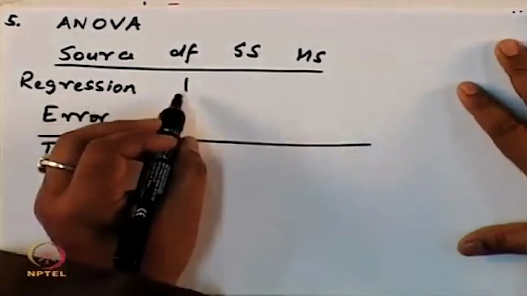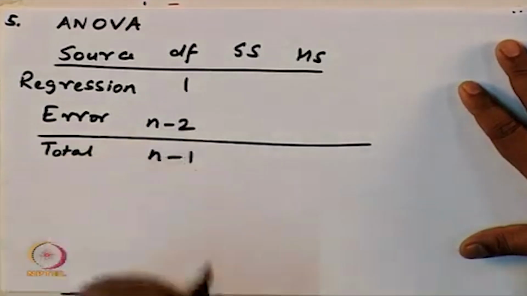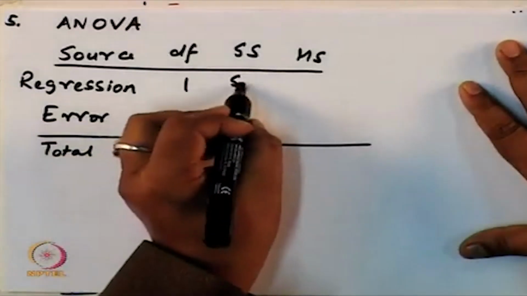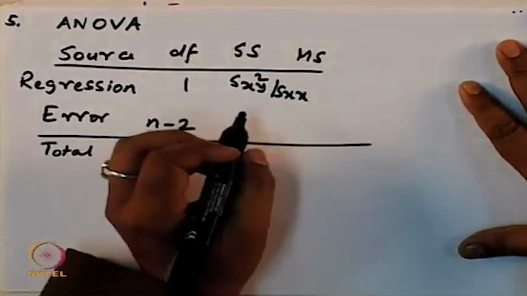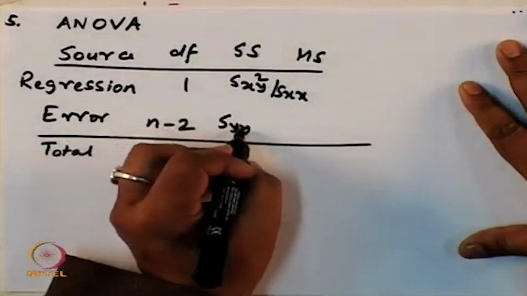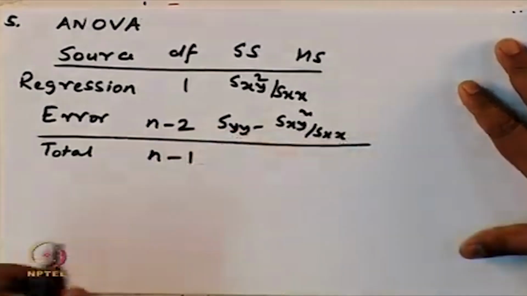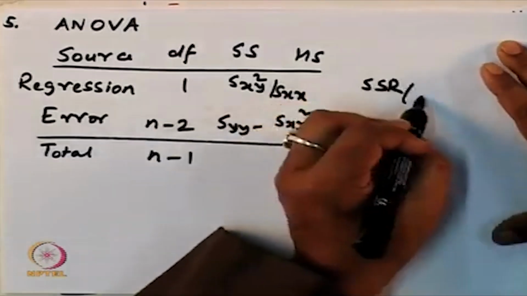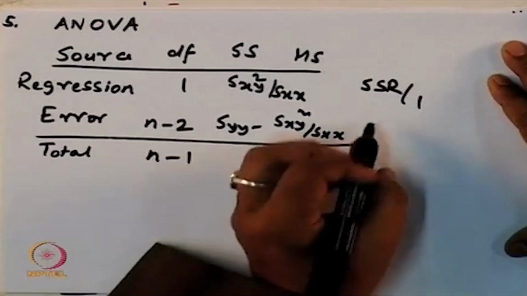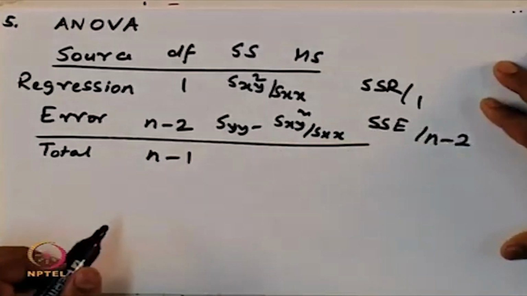Regression has degree of freedom 1, error has degree of freedom n minus 2 and the total is n minus 1. This is Syy minus b Sxy, which is Sxy square by Sxx. This is SSR by 1, and this is SSE by n minus 2.